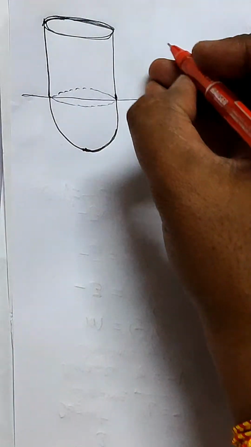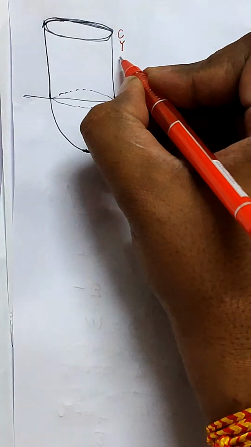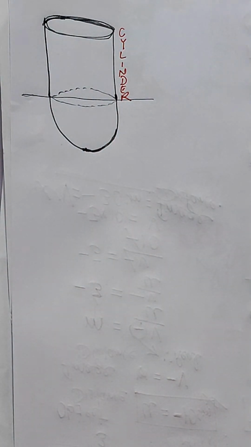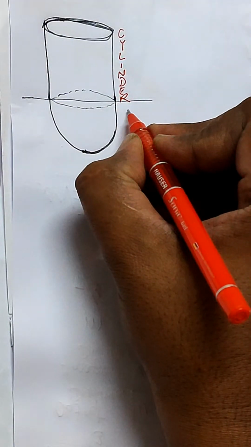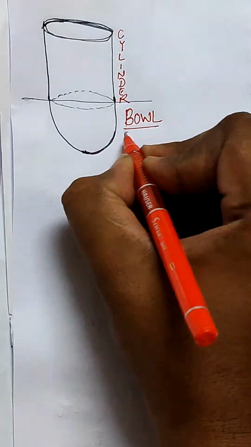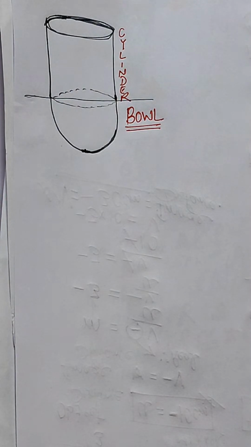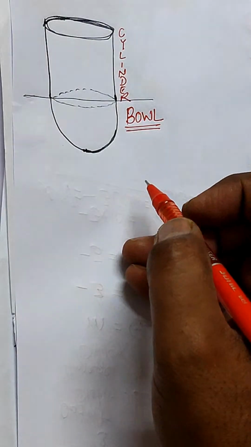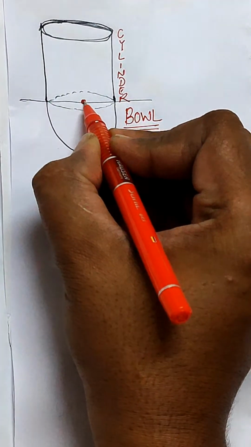The first section is the cylinder, and another is the hemispherical bowl. So this is the bowl, and it's also given in the question the radius of the cylinder.